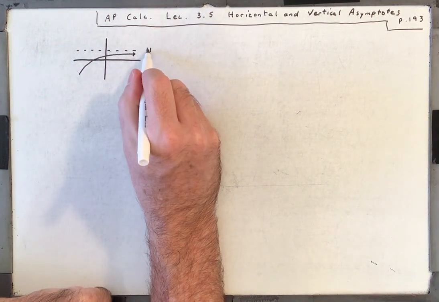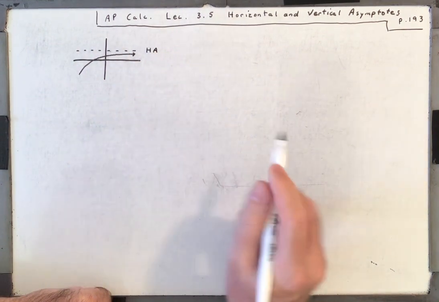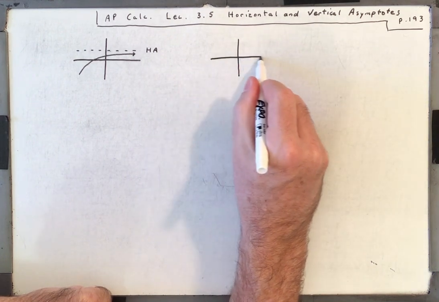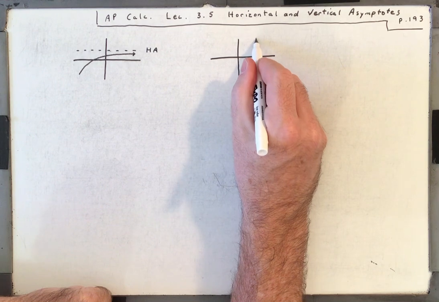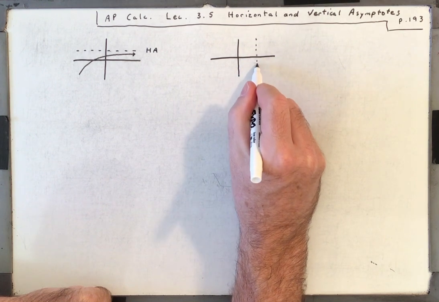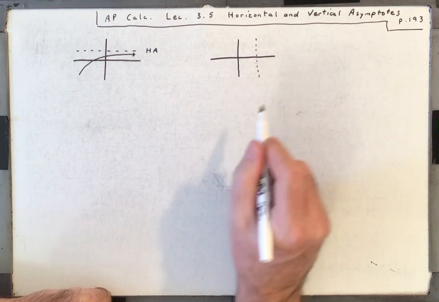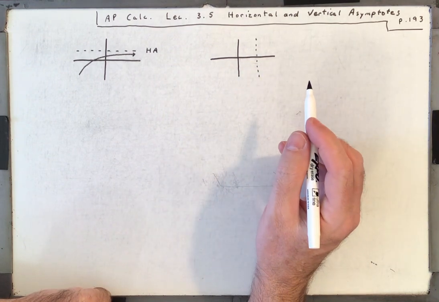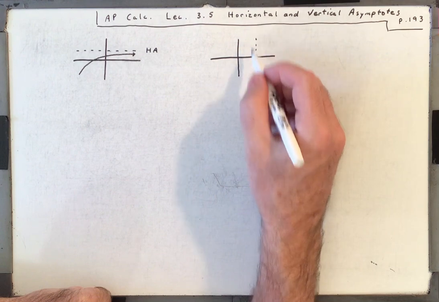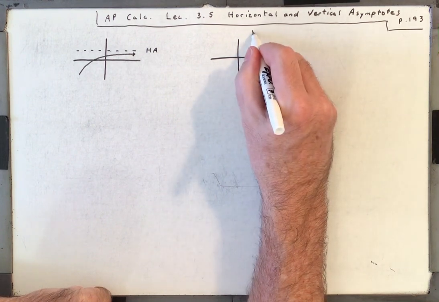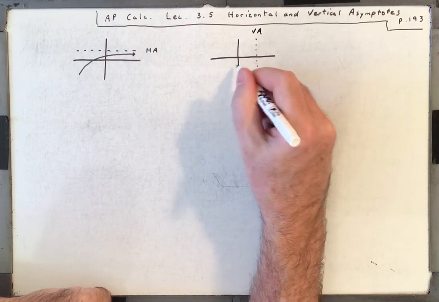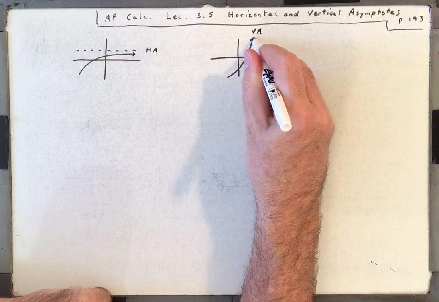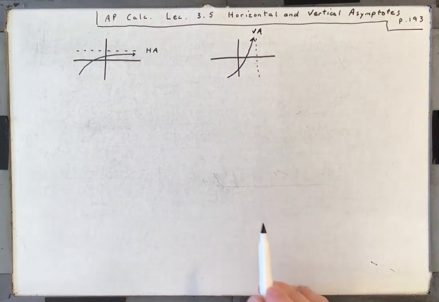We'll call that an HA. And then a vertical asymptote, and of course you can have graphs that have both. If you look at the tangent function, it has an infinite number of vertical asymptotes. But here's an example of a vertical asymptote. We use a dashed line, and let's say we have a function that's going like this, and it just never quite crosses that vertical asymptote.